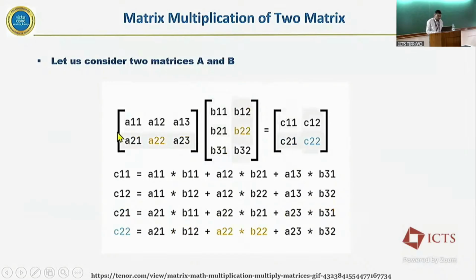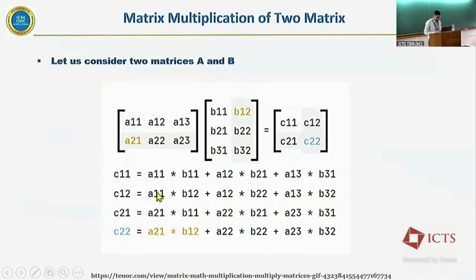What should the resultant matrix look like? I hope you know the basic rule: the number of rows in the first matrix and the number of columns in the second matrix give the size of the resultant matrix, right? So what is the result for C12?